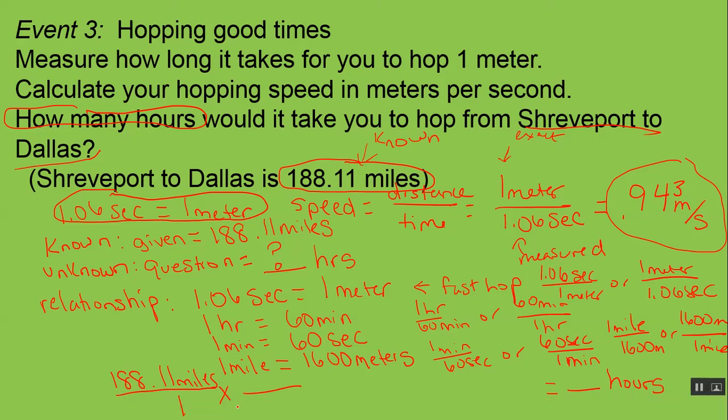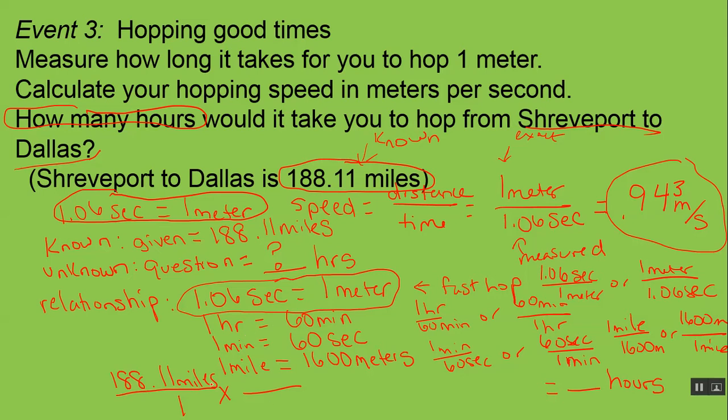We don't have a relationship between miles and hours, but we do have a relationship between miles and meters. And why could that be important? Well, think about it. Remember that we found that for every 1 meter, it would take us 1.06 seconds. So if we were in meters, we could use that, or the idea of that, to convert to a time that would get us to hours.